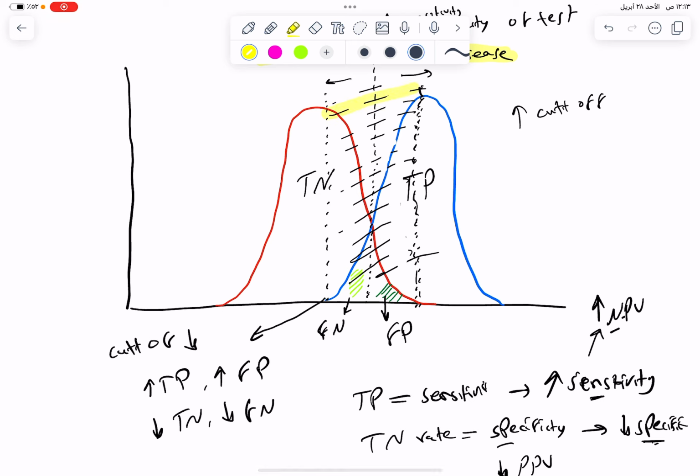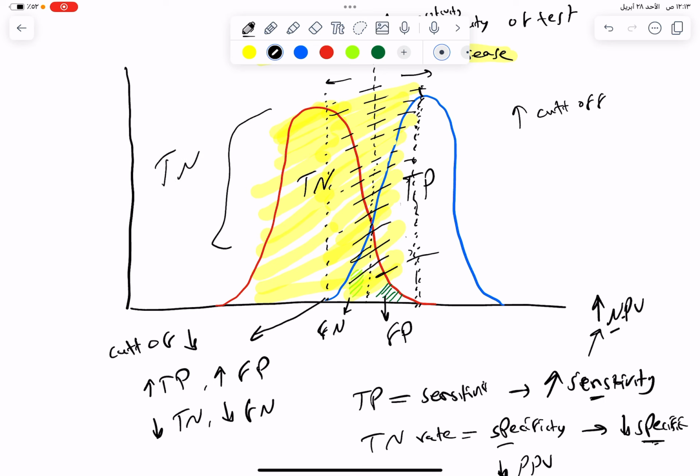This area will increase. On the side of the true negative, if we increase the cutoff, this will increase the true negative as well as increase the false negative.